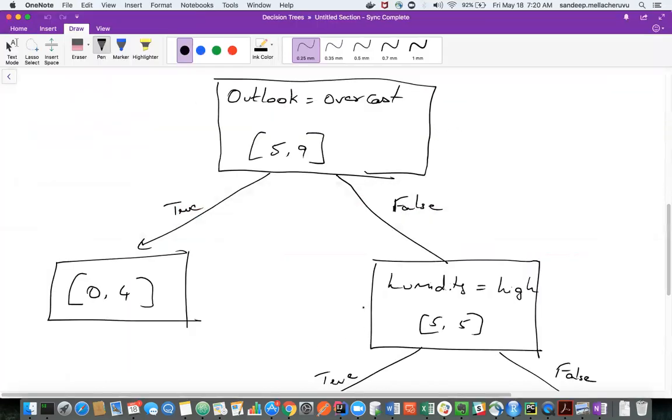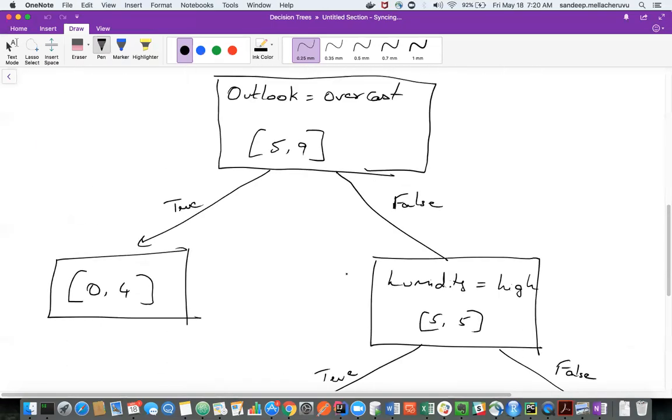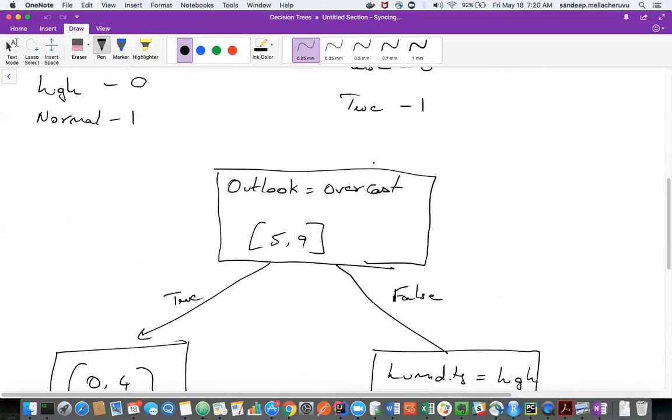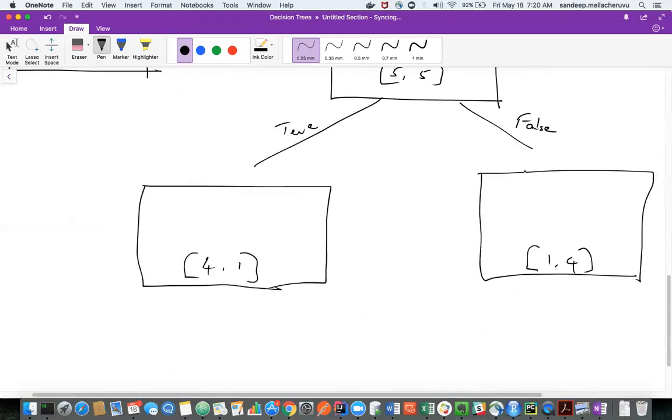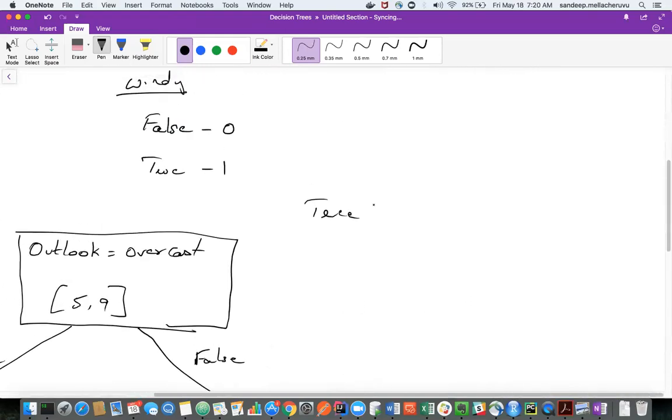This is called a tree. This entire thing is a tree, and we are deciding the classes based on the tree. So we call it a decision tree. What is a decision tree? A decision tree is nothing but if you want to decide whether you want to do some x or some y.